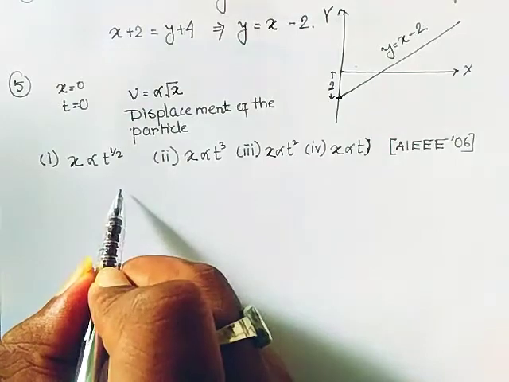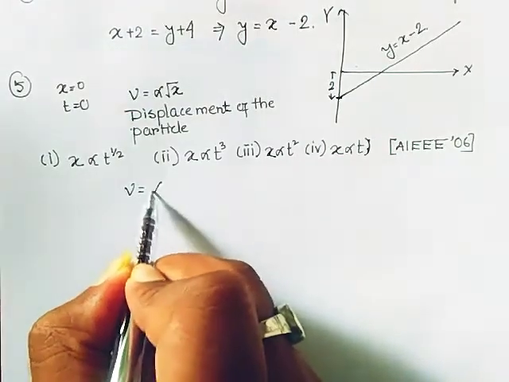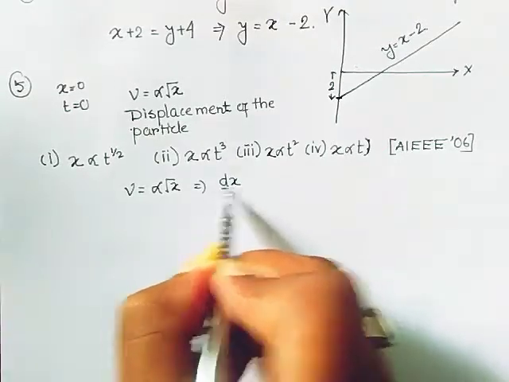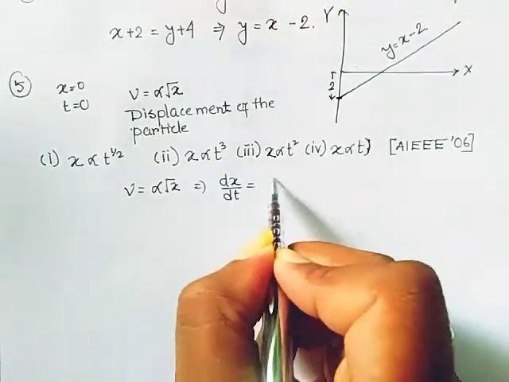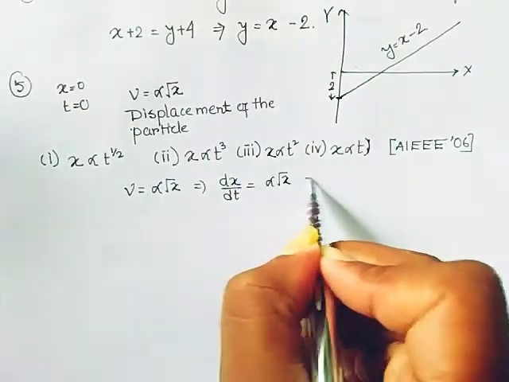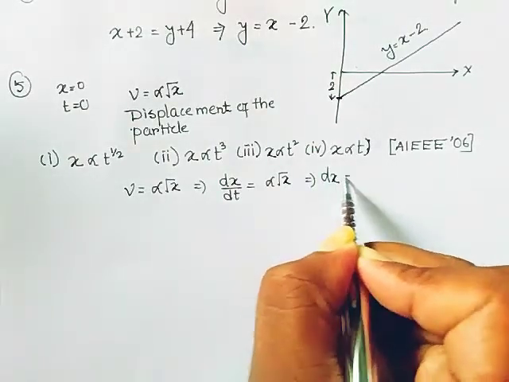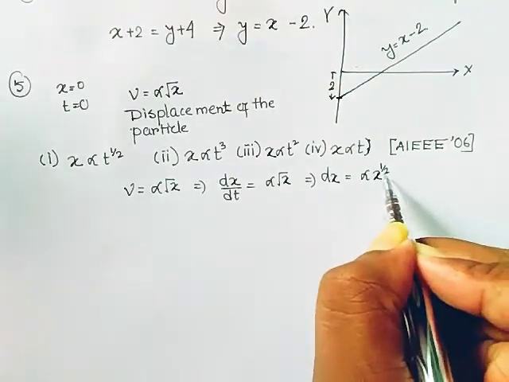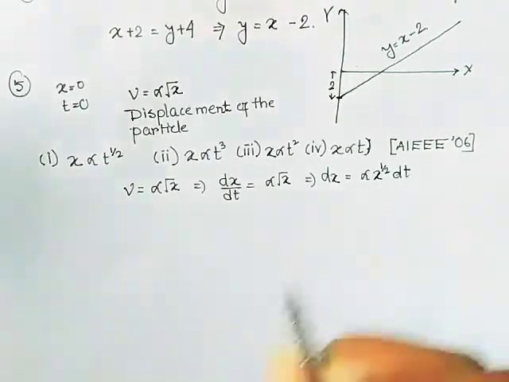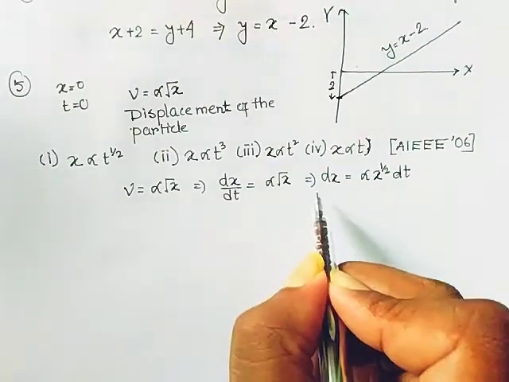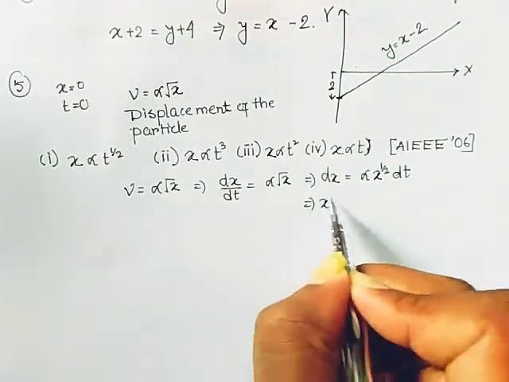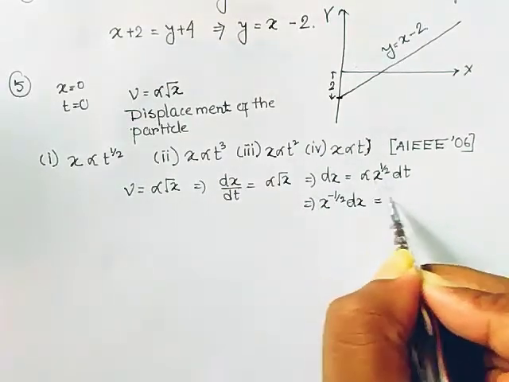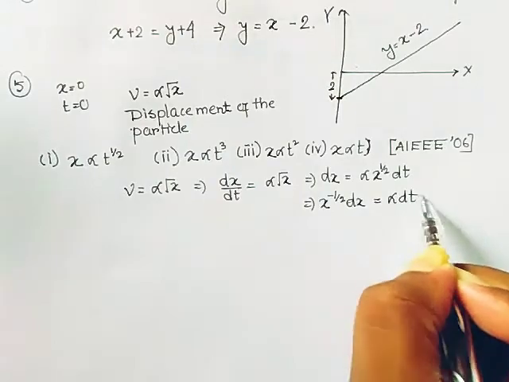So how to deal with this problem? v equal to alpha root over x. So I can write it as dx by dt equal to alpha root over x. So dx equal to alpha, root over x can be written as x to the power half, dt, and this x to the power half can be taken this side, so it will become x to the power minus half dx equal to alpha into dt.